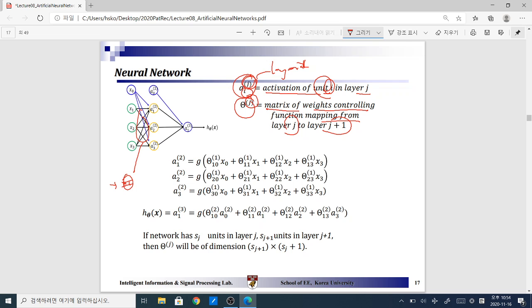So I'm going to be using this to denote that it's a matrix. And once again, the superscript represents the matrix of weights controlling the mapping from layer j to layer j plus 1. So this means that if we have a matrix that is represented here, it's going to be equal to theta of, let's say, 1.